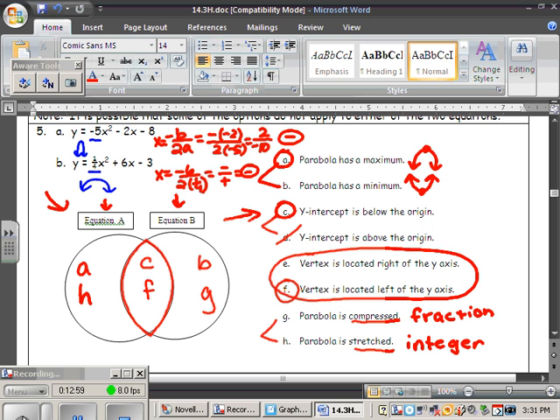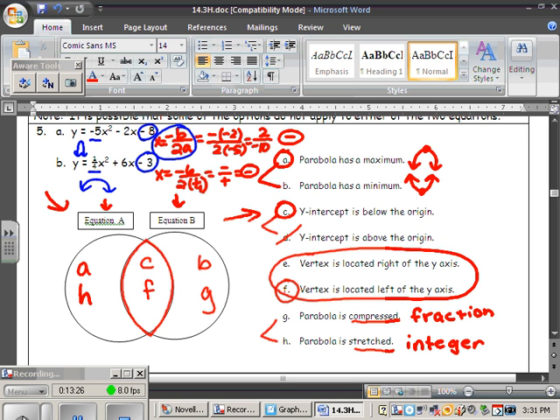And then if you look at the end of each equation, the c values, those are the y-intercepts. So since they're both negative, they will graph below the origin. If they would have been both positive or one of them positive, it would have graphed the y-intercept above the origin. And then to determine the vertex, you actually have to plug at least the signs into the vertex formula for x.